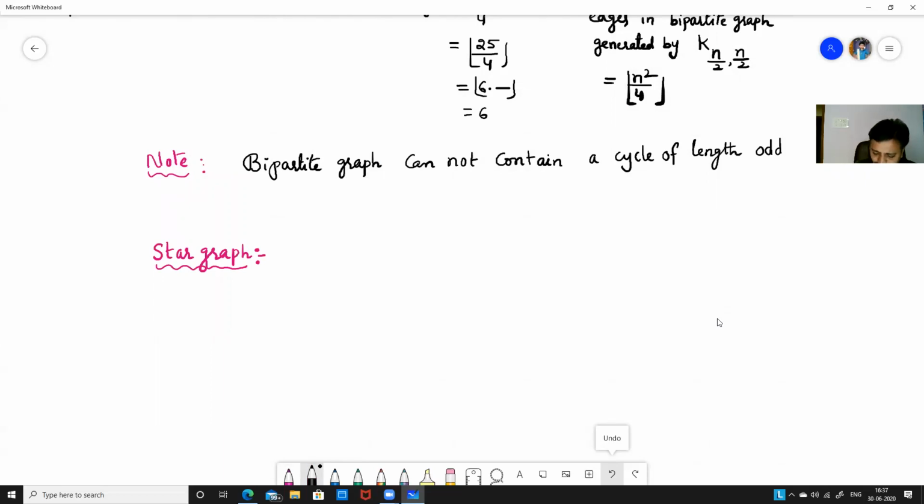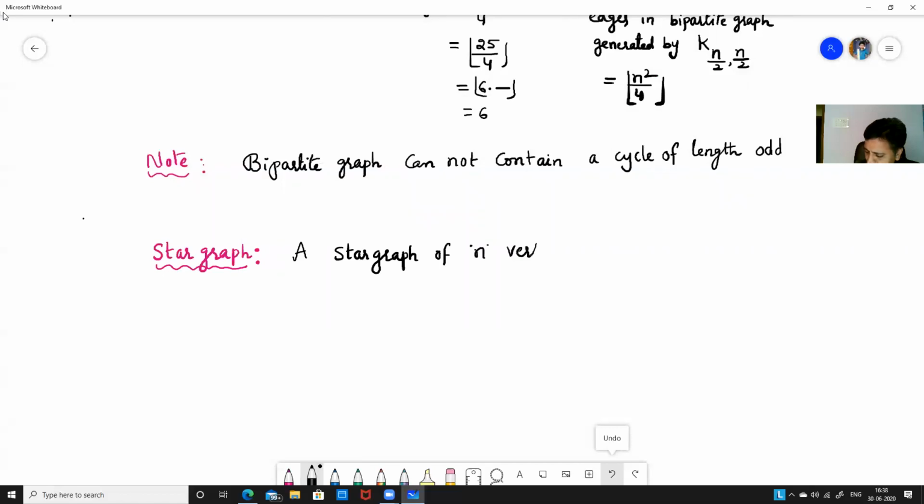The star graph is nothing but a complete bipartite graph having the structure K1,n-1. Clear? That is a star graph of n vertices.